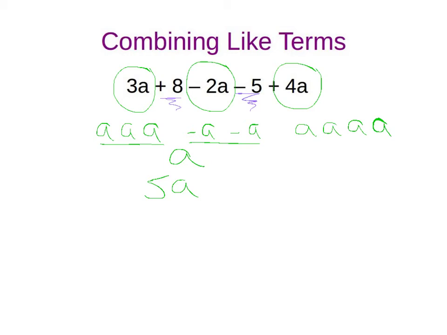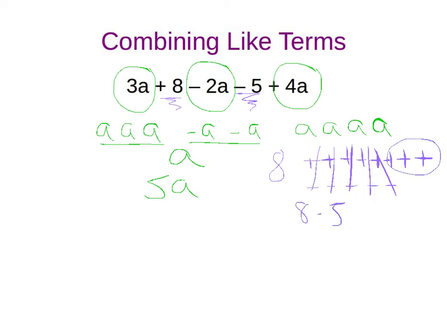Now I can combine my constants. I have 8 positives, and 5 negatives. I can cancel my positives and my negatives, and I am left with 3 positives. 8 minus 5 is 3.